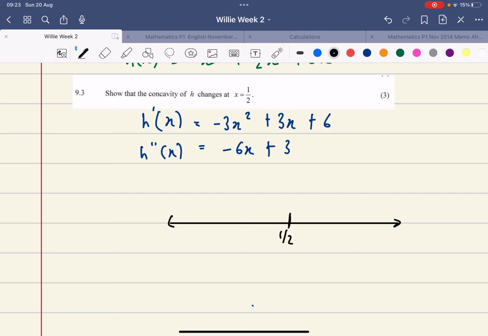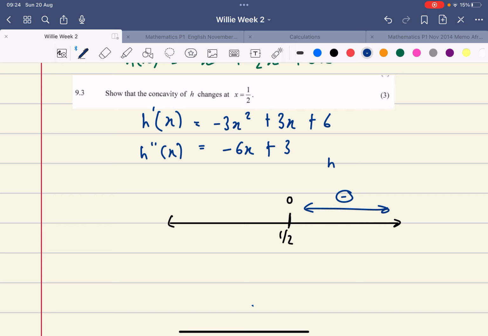And what you'll find is if you plug in a half to h double prime of x, you'll of course get 0. And then for any value greater than a half, h double prime of x will be negative. So let's just illustrate that point.